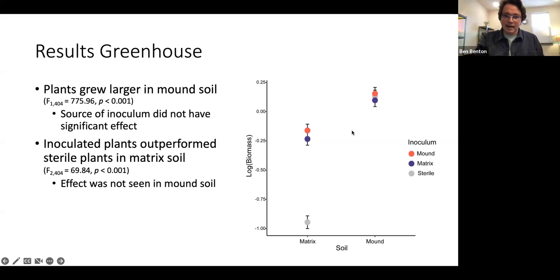We did see that for plants that were planted in matrix soil, there was a very large effect on the biomass of the plants associated with whether or not there were actual microbes present in the soil.